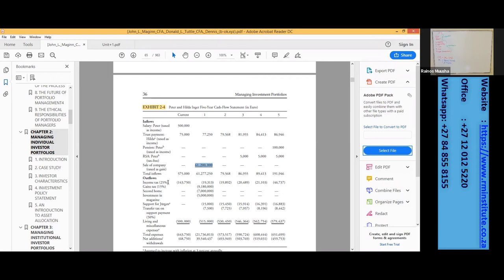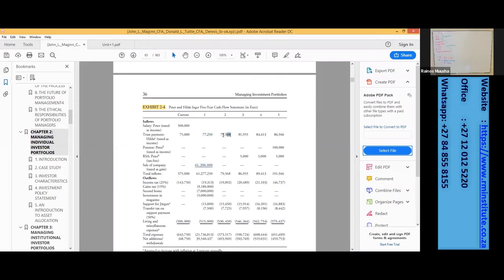Now we are going to go on and look at what? The cash outflows. Remember, the cash outflows are going to be based on the income that is expected to be generated by the couple, isn't it? So what do we see? The 25% tax rate is going to be levied for year 1 on the 77,250.